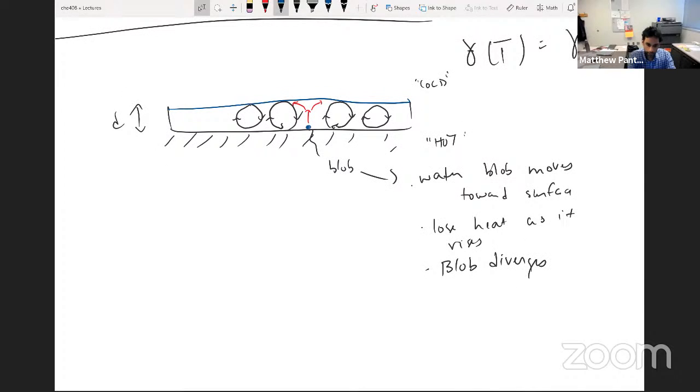Okay, so let's look at this surface again. So we have these sort of convection cells that we're saying occur. Actually, these should be in the same direction. Sorry about that. This is going up. So the neighboring ones will be in the same direction.